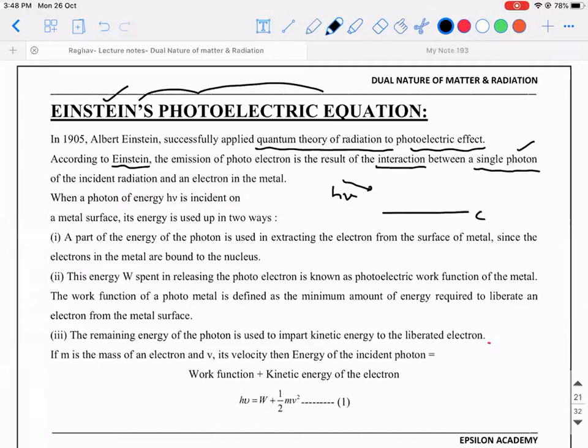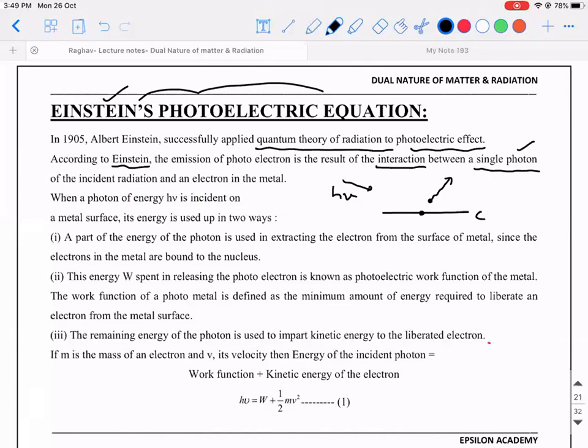First, the electron in the outermost orbit needs to acquire the minimum amount of energy to break the electrostatic bond between itself and the nucleus and come out. Once it has come out, the next step is that it should have sufficient energy within itself to escape further from the pull of the nucleus.